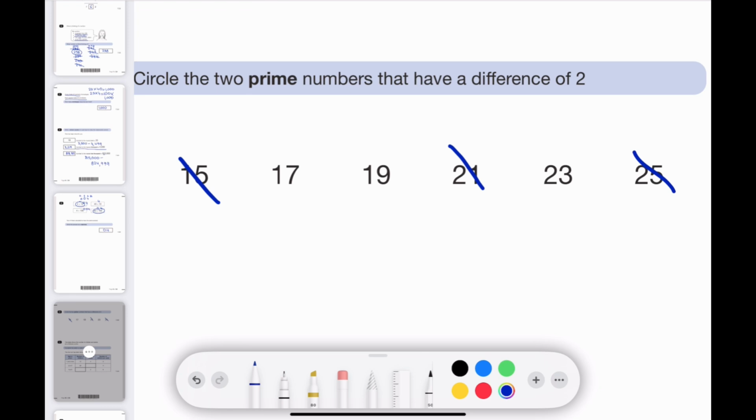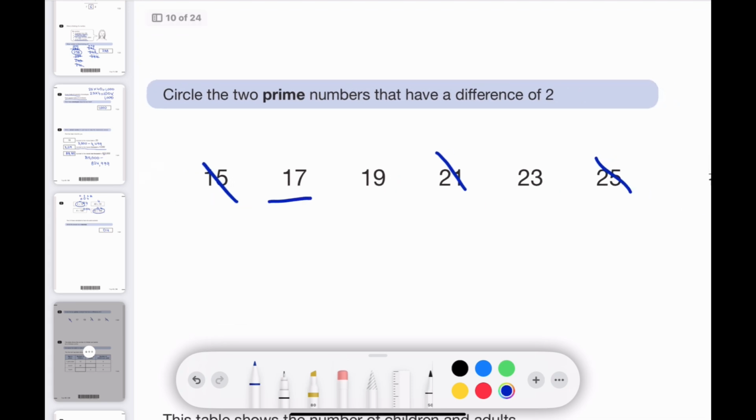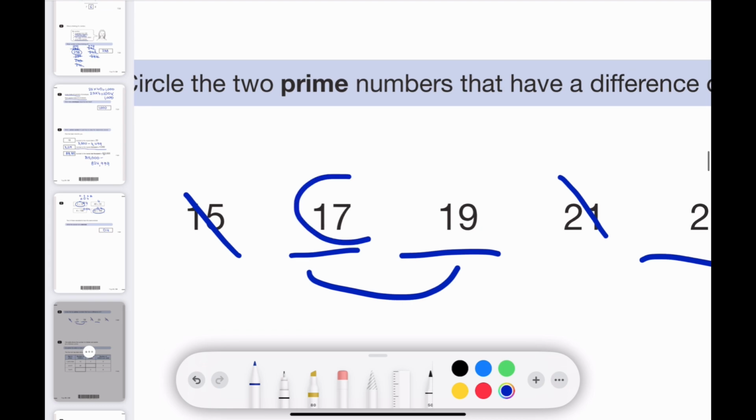By the way, a prime number has 2 factors, one and itself. So these 3 numbers are prime numbers. These 2 numbers have a difference of 2. So we circle these 2.